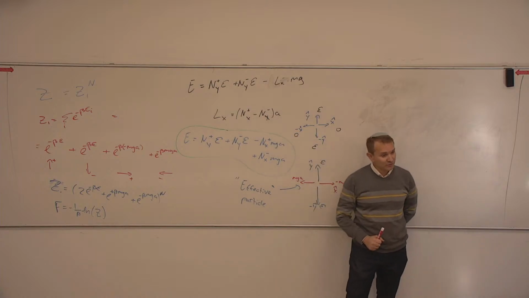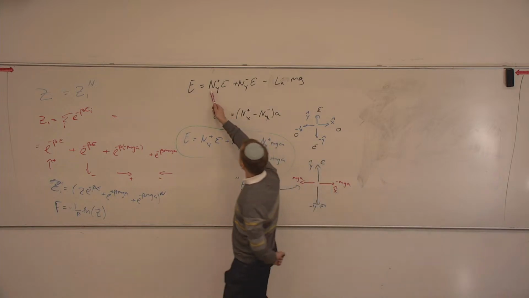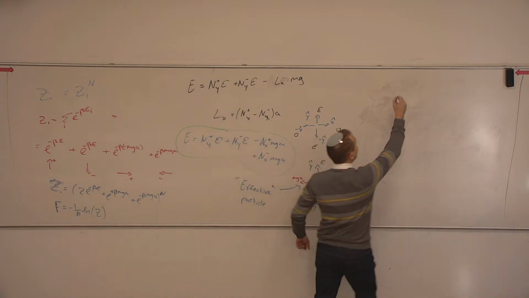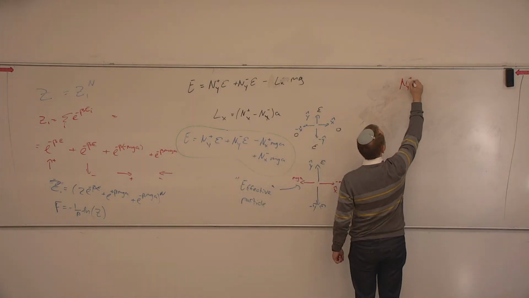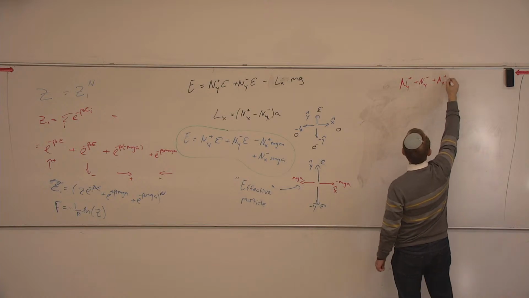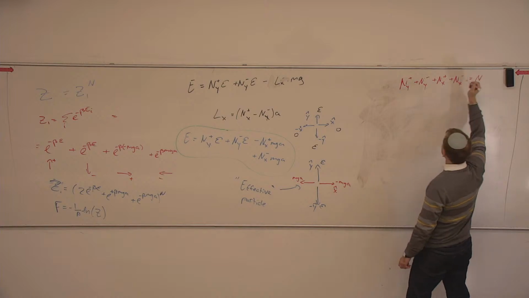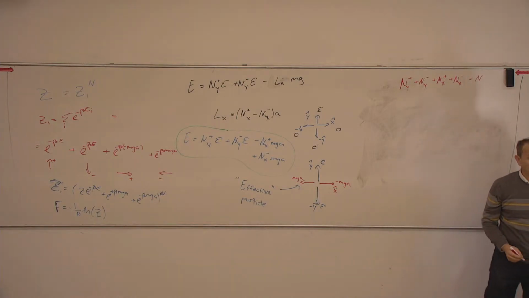The only thing that I care about is that the total number is n. I know that ny plus ny minus plus nx plus nx minus equals n. That's the only thing that I know.